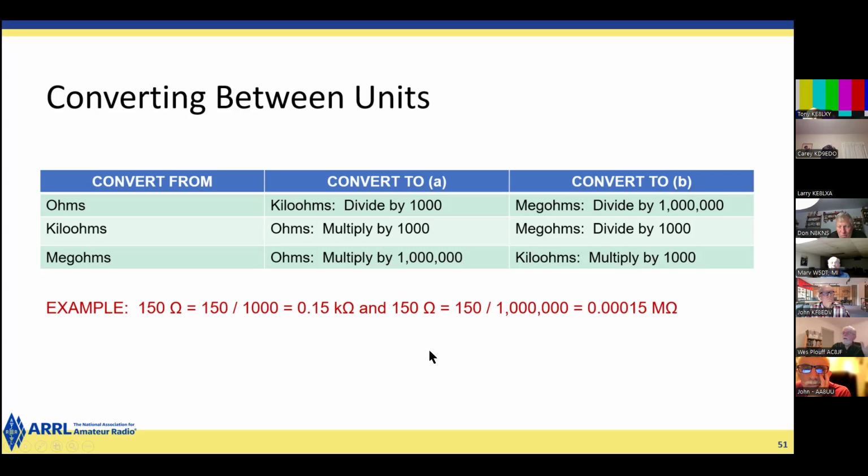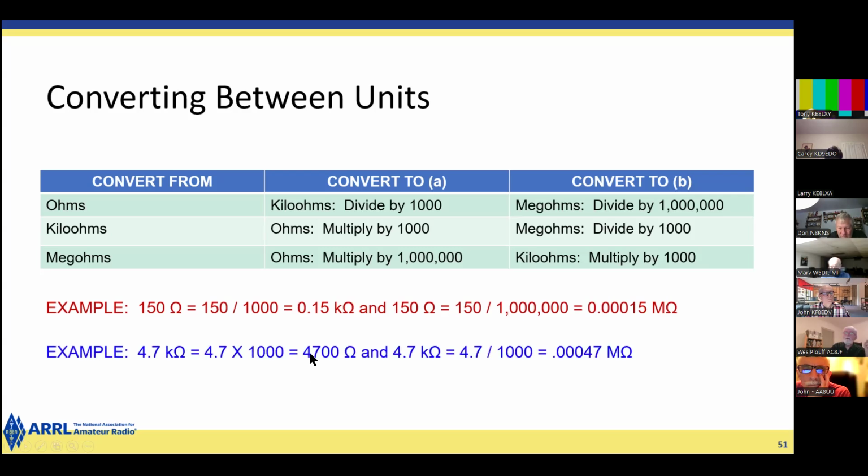So I hope that's clear, but you'll see these prefixes all the time, and understanding that kilo means 1,000 and mega means million will save you a lot of time. Okay, so 4.7 kiloohms is 4.7 times 1,000 ohms, or 4,700. And 4.7 kiloohms is 4.7 divided by 1,000, which is 0.0047 megohms.